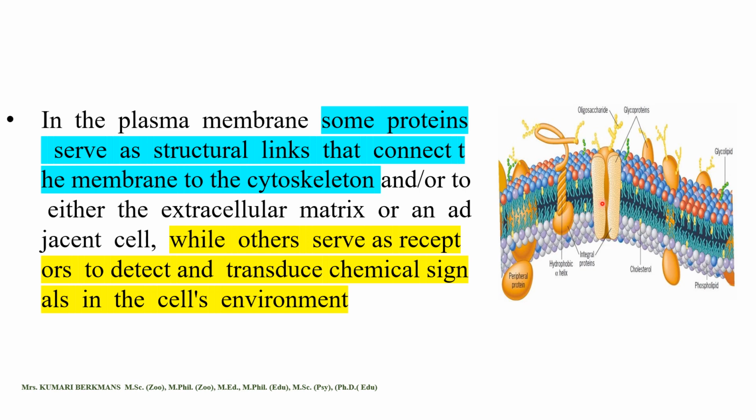Some proteins serve as structural links that connect the membrane to the cytoskeleton. Cytoskeleton means minute tubules present in the cytoplasm. See, it's a net-like structure. Cytoskeleton gives support to the cell, just like our bones give support. That is called cytoskeleton.